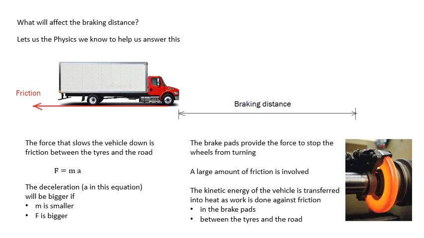The brake pads are providing the force to stop the wheels from turning, and then a large amount of friction is involved in the brake pads, but also between the tires and the road. And whenever friction is involved, you've got energy being transferred into heat. So the kinetic energy of the vehicle is transferred into heat as work is done against friction.